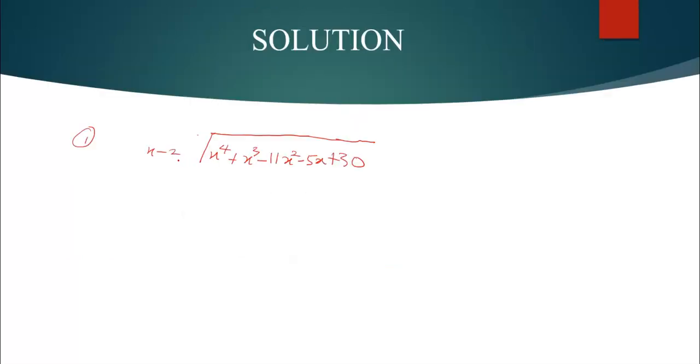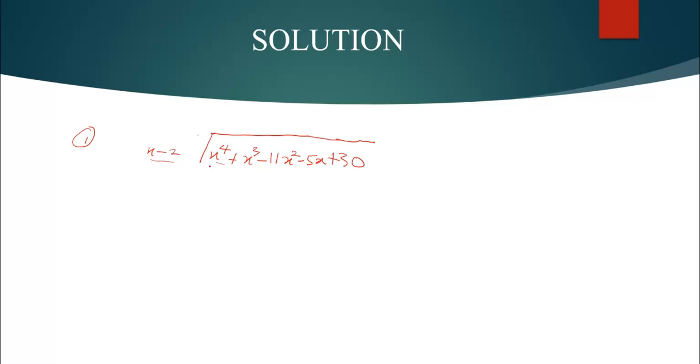So in our first example, this is how the arrangement will be. This is our divisor and this is our dividend. So to divide, you pick the divisor, then you divide it into the dividend. So this is how it's done.